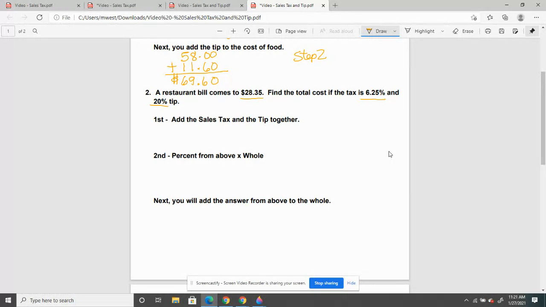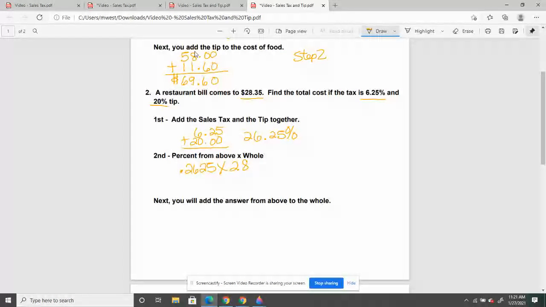Let's add the sales tax, which is $6.25, plus the 20% tip, and we get 26.25%. Change it to a decimal, which would be 0.2625 times the $28.35.